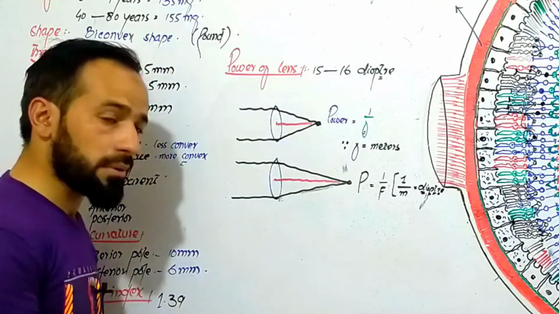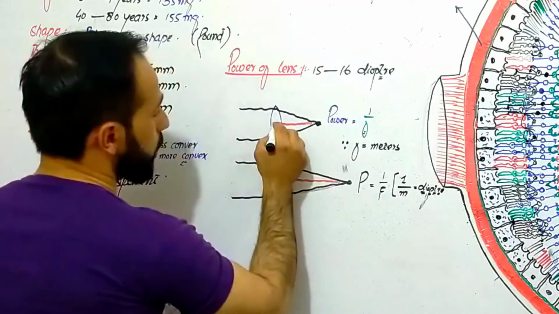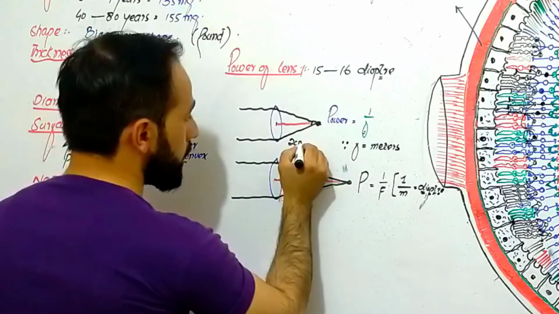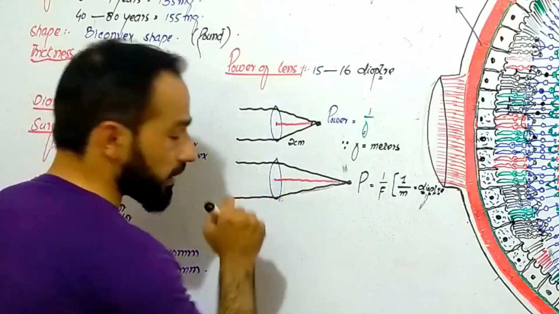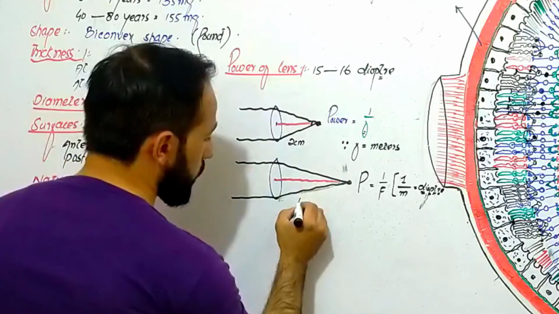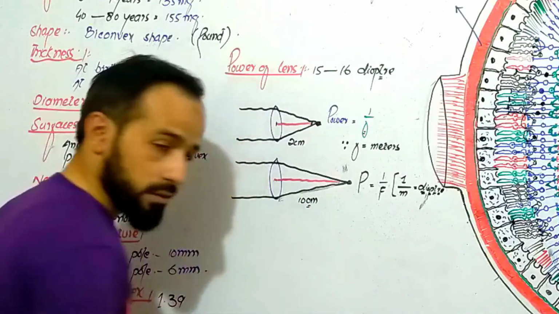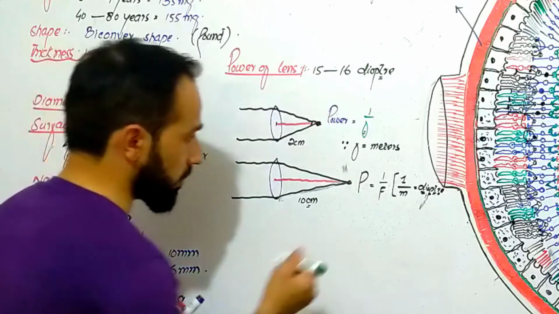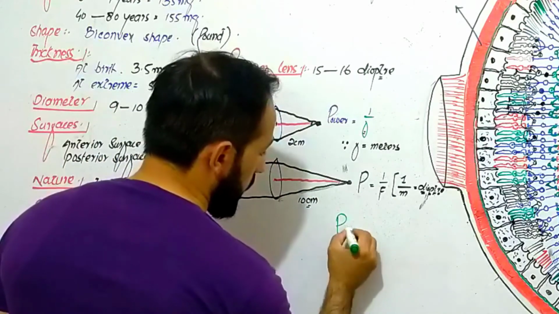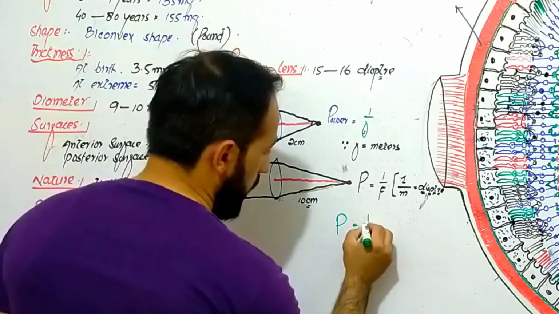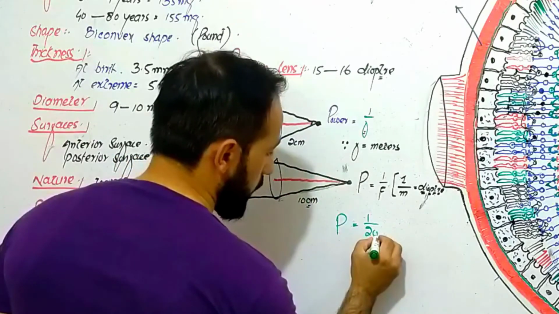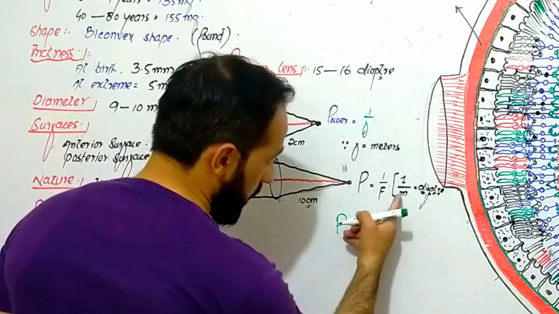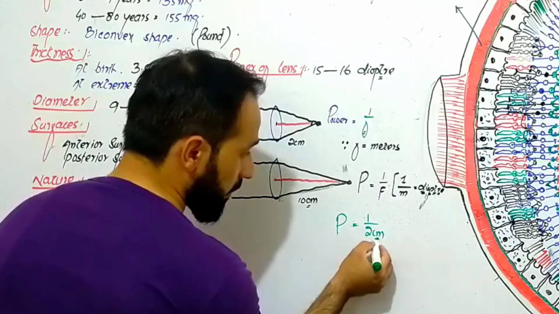Let's take an example at this point. Look, if from here up to here the focal length is 2 centimeter, and for this lens the focal length is about 10 centimeter, now let's put these two in this formula. Look carefully. Power of the lens is equal to 1 divided by focal length, which is 2 centimeter, right? We should write this centimeter in meters.